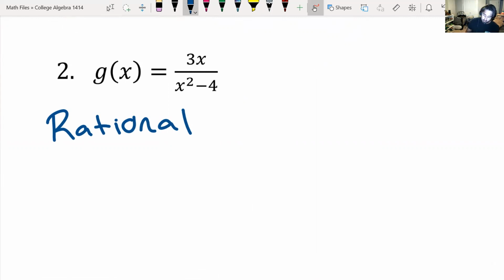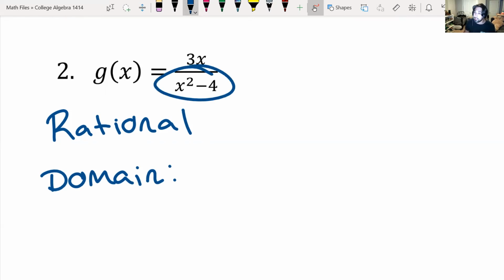So, if you're ever given a rational function, to find its domain, you take whatever's in the denominator and set it equal to 0 and solve for x.